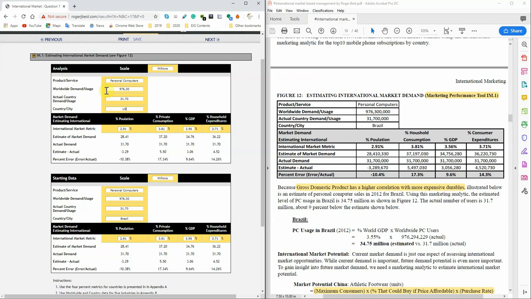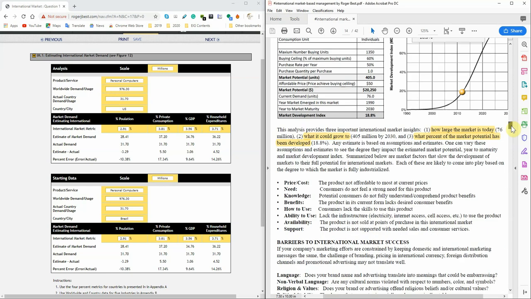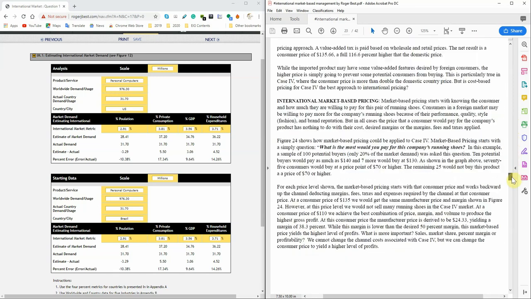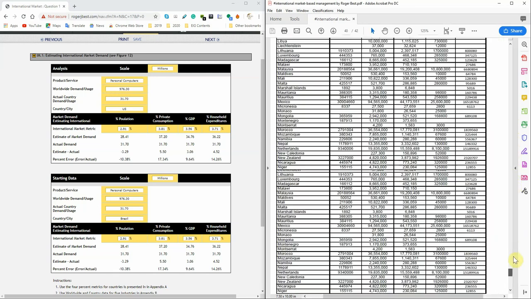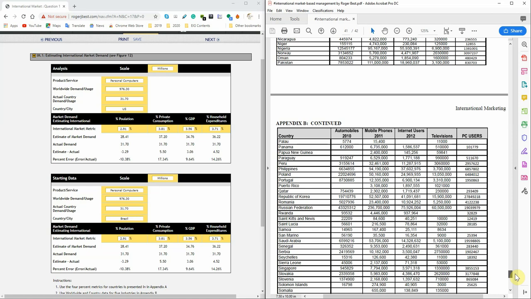Worldwide sales will stay the same, however we need to change the number for actual demand in the United States. For those statistics, we have an appendix in the later part of the chapter text, maybe at the end.